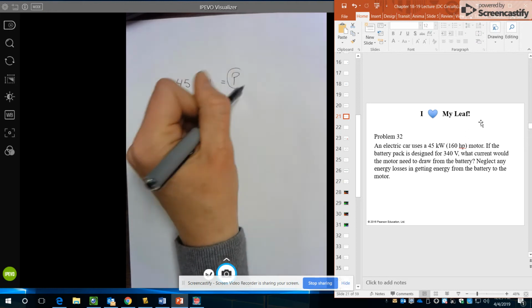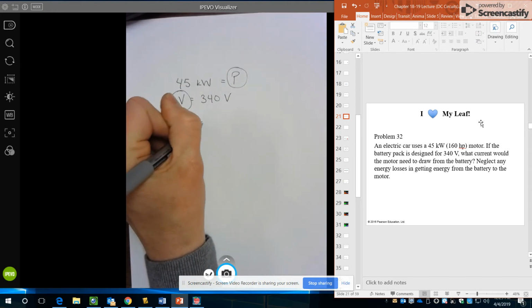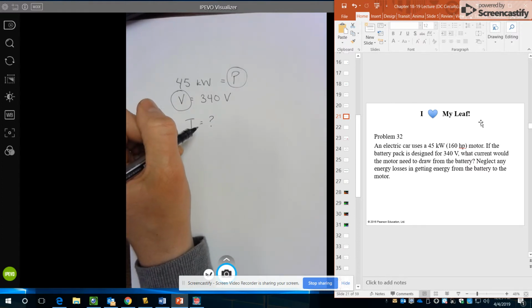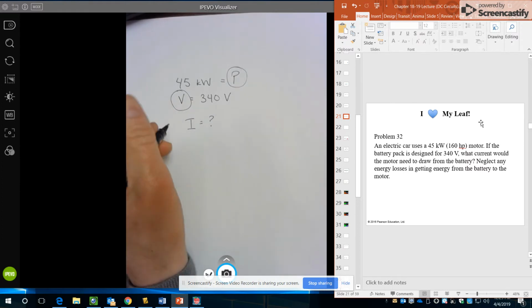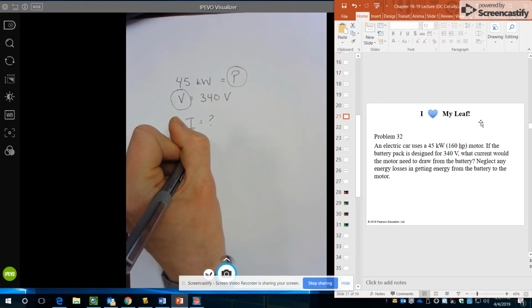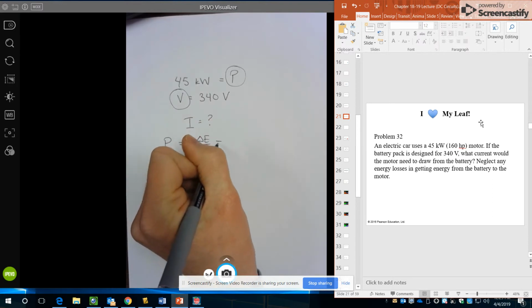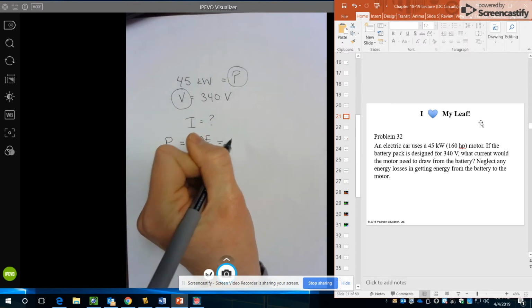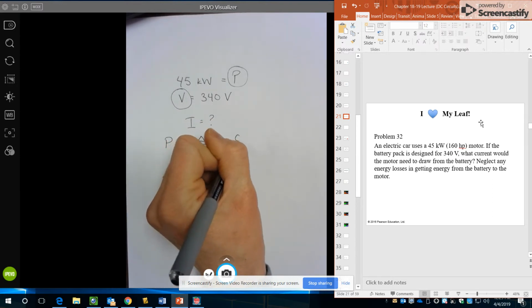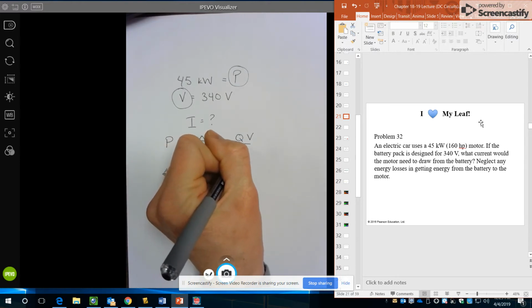Okay, so we have power, we have voltage, and we want to know current. And so we're back to the relationships between power, current, and voltage. And again, power is equal to the rate of change of energy. But for charges in a circuit, energy is equal to charge times voltage, divided by time.